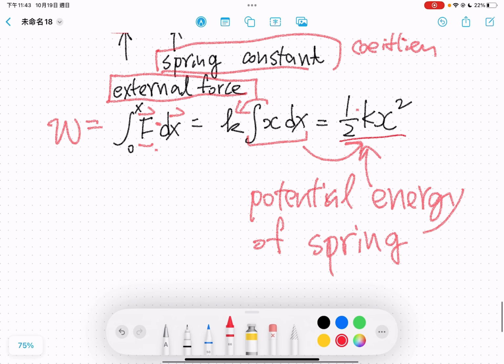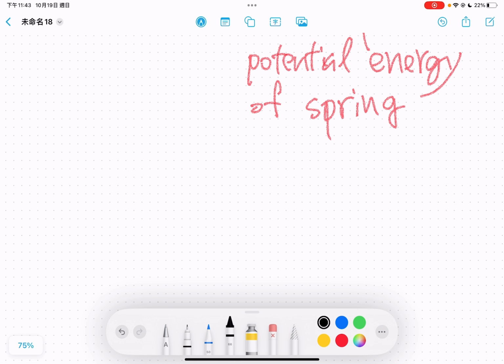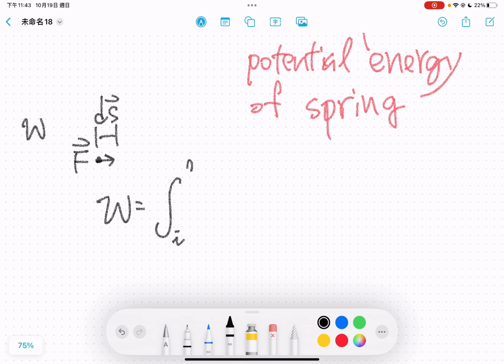So finally, we have introduced what the work is, what the potential energy is, and what the kinetic energy is. Let us summarize the result here. If we have a force applied to an object and moving with some displacement, the work is the integration from the initial point to the final point of the force in the inner product with the displacement.